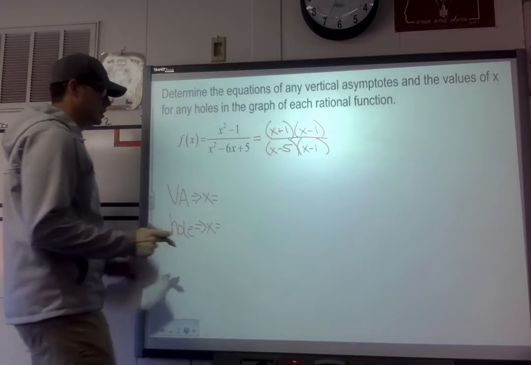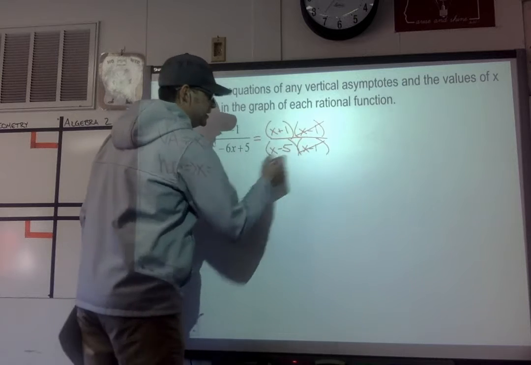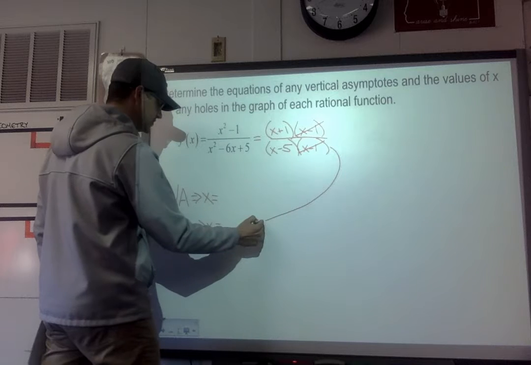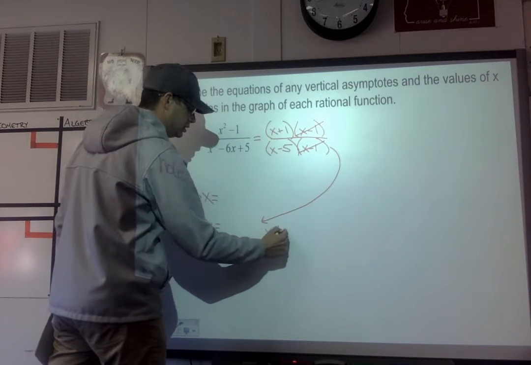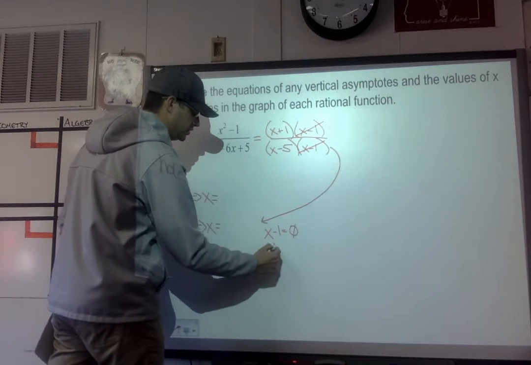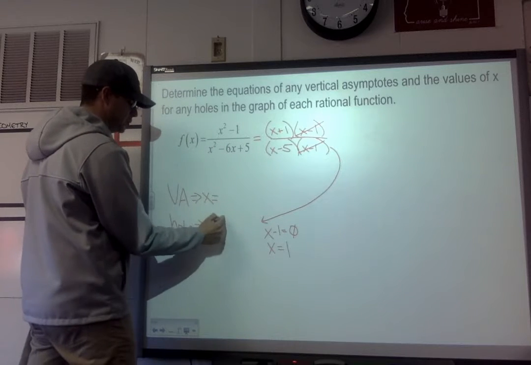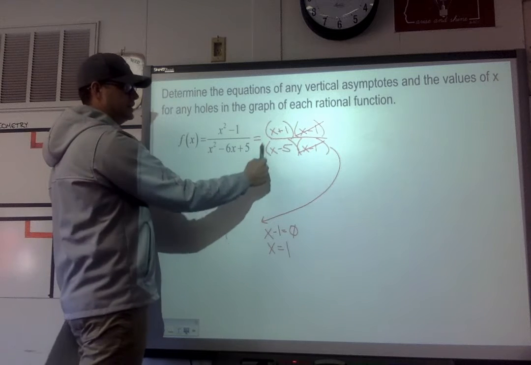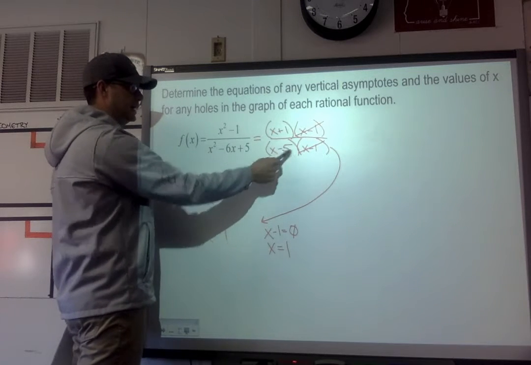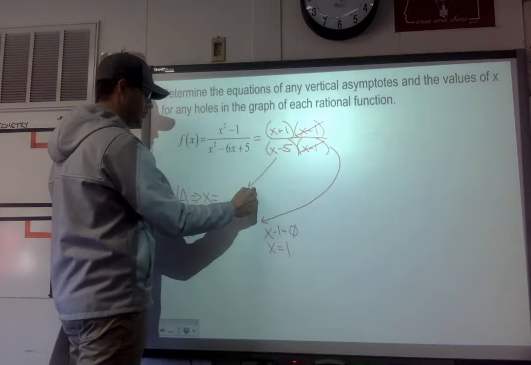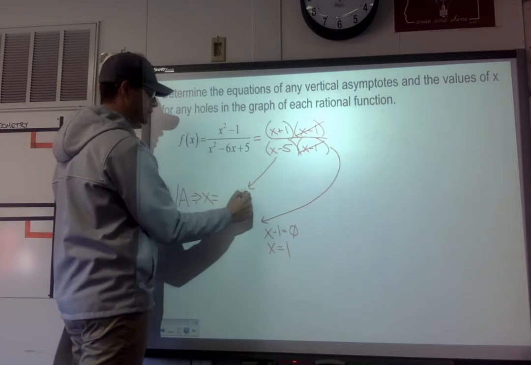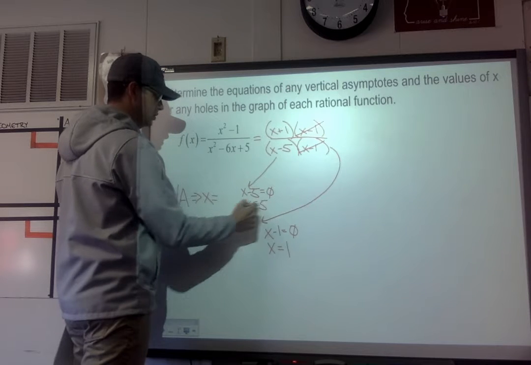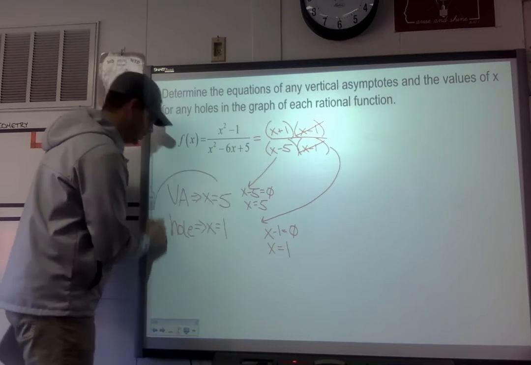So here, our x minus 1's can cancel, meaning that that is going to represent a hole where we would say x minus 1 equals 0, so x equals 1. So we would have a hole at x equals 1. Then anything that's left in the denominator and can't be canceled would represent a vertical asymptote, which would be x minus 5 equals 0, or x equals 5.